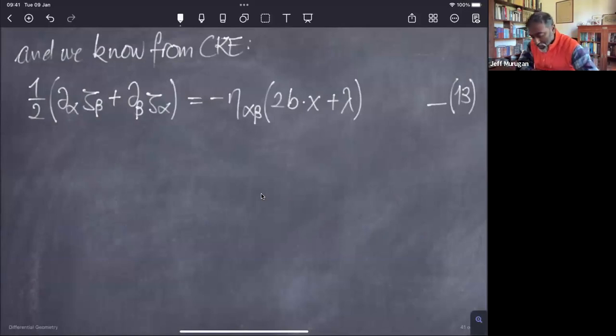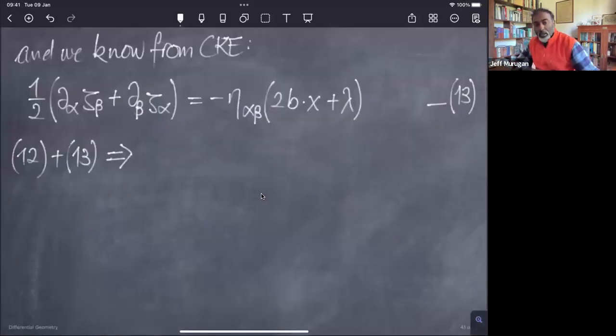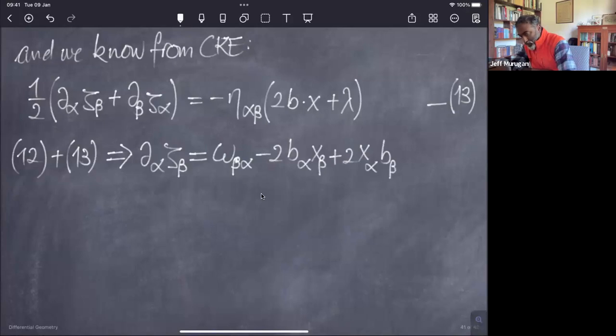And now if I add 12 and 13, I get that ∂_α ζ_β is ω_βα minus 2 b_α x_β plus 2 x_α b_β minus η_αβ times this (2 b·x + λ).